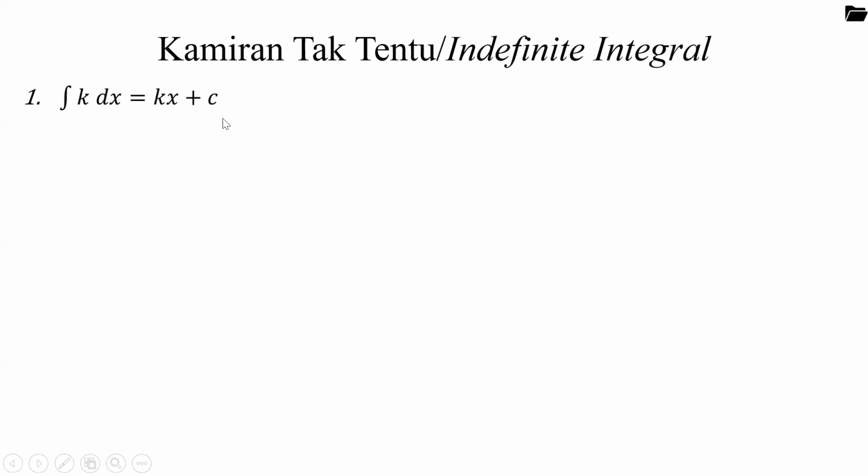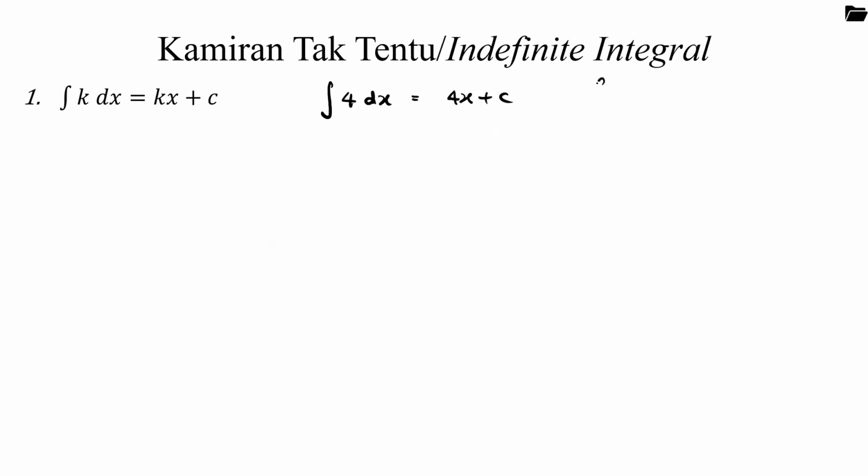Integration is the reverse of differentiation. So integrate k, a constant, and you get kx plus c. Always have a plus c there. If you have the integral of 4 dx, then the answer will be 4x. The original power is 0, so 0 plus 1, giving 4x to the power 1, no need to write, and then plus c.